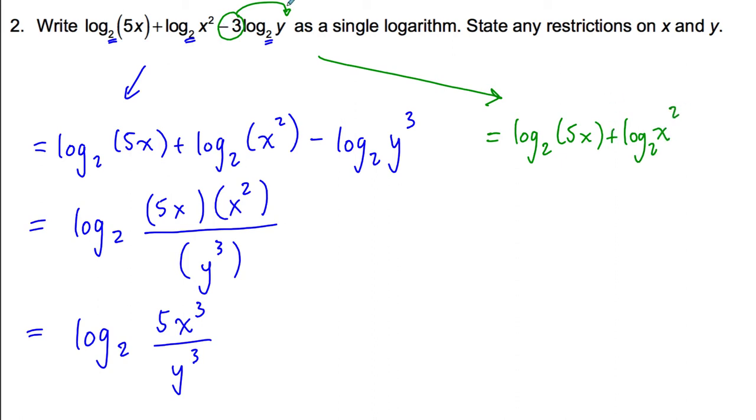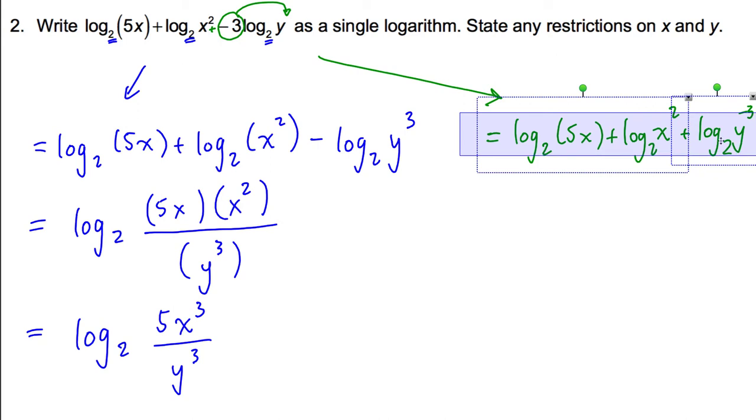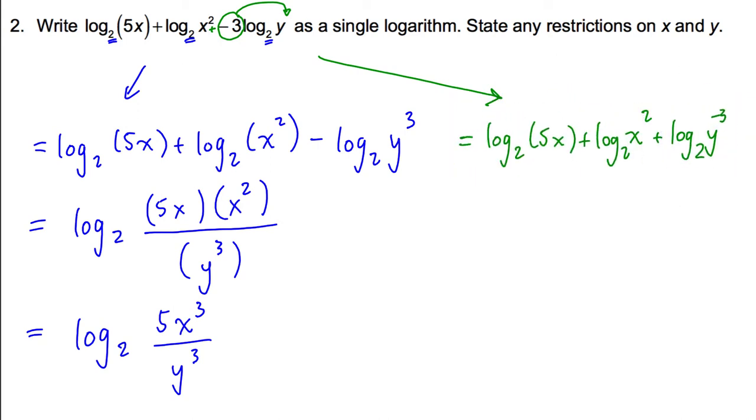And then as soon as that -3 came up, there'd be a default plus, and that would be plus log base 2 of y to the exponent -3. Of course, I'm running out of room a little bit here, so I'll just move that over. And I'm going to tidy that up because this is actually the key piece that I want to look at here. And so when we have y to the -3, that's the same as 1 over y to the 3.